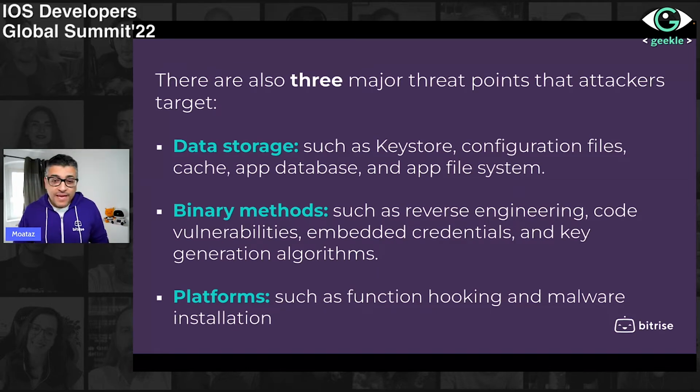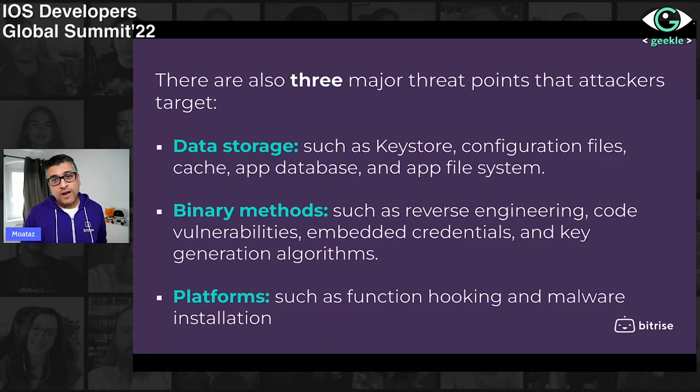There are also three major threat points that attackers target. The first is data storage. They try to access the data storage, such as the keystore, configuration files, cache, app database, and app file system. Then binary methods, such as reverse engineering the application, code vulnerabilities inside the source code itself, and embedded credentials.